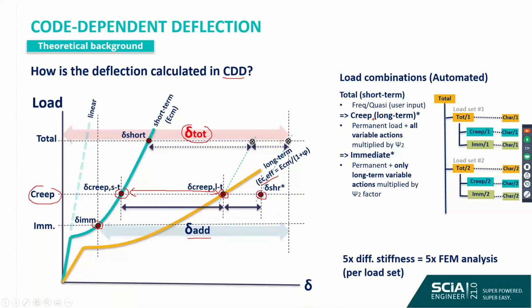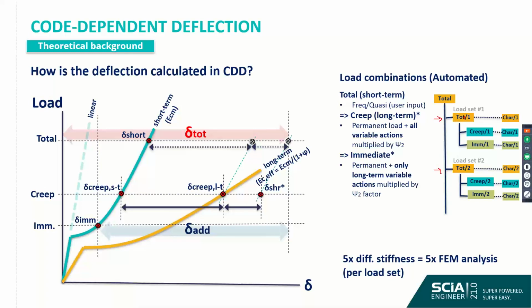Now it's important to understand what load combinations are used, and basically we have two ways how the load combinations are used. First is the automated way, where you input the total combination, which can be envelope, frequent, or quasi-permanent, or whatever you want. So it means this load level. And then from this envelope combination, we split it into the linear combinations, for instance, total 1, total 2.